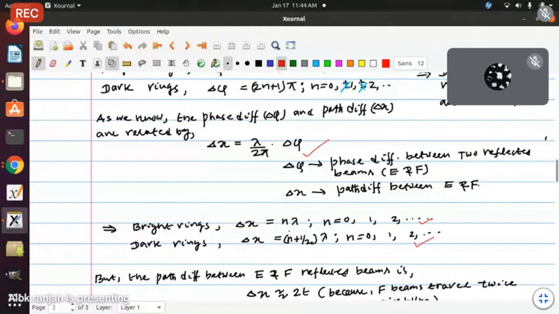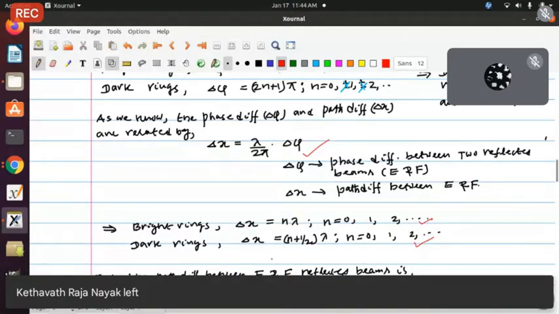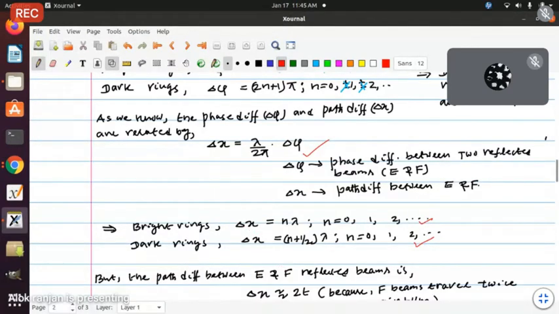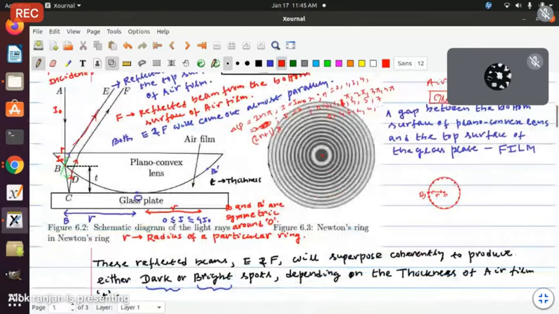So now we need to calculate the delta x. From this geometrical configuration, you can see that everything is happening at a very small angle, as I said. The radius of curvature is very large, in fact very large in comparison to the thickness of this air film or the wavelength of the incident beam.